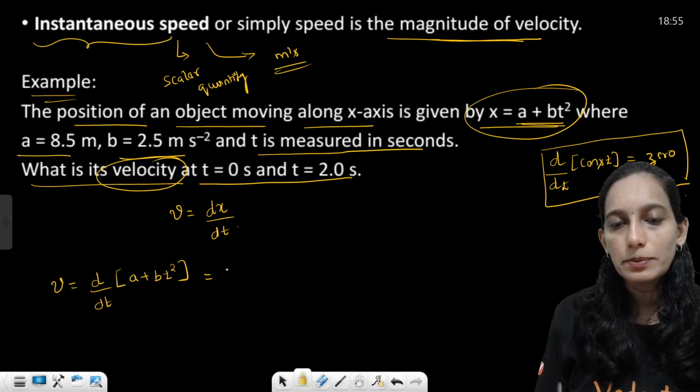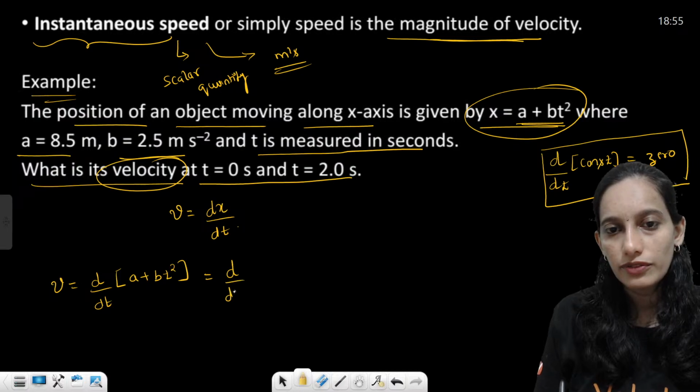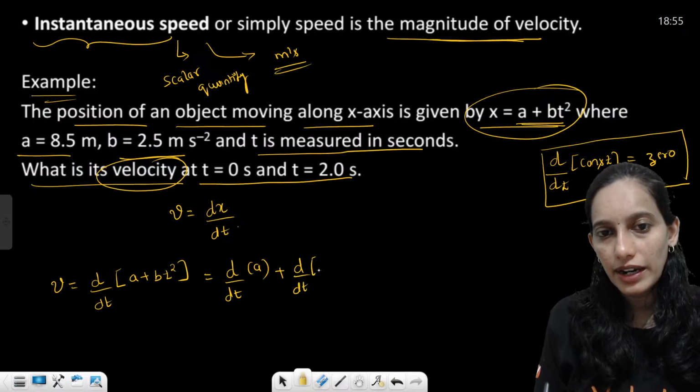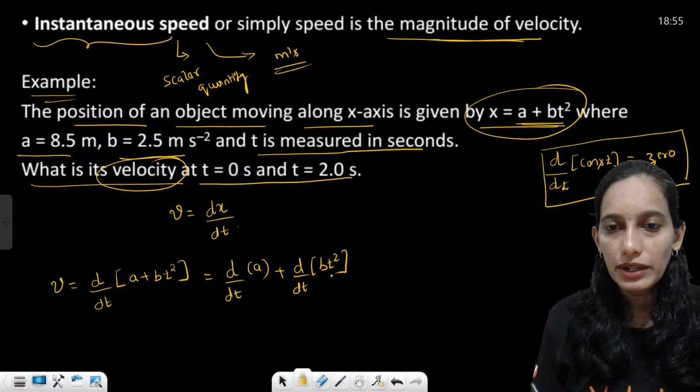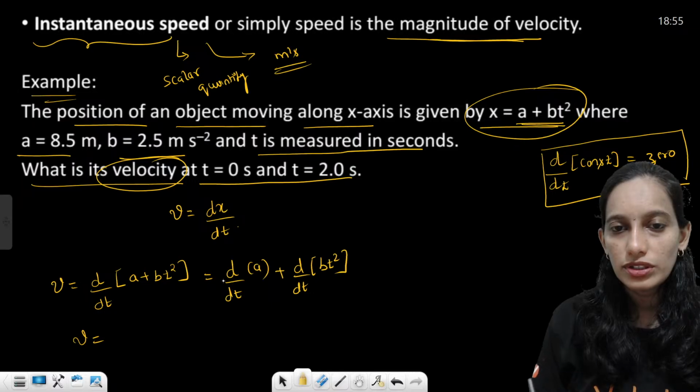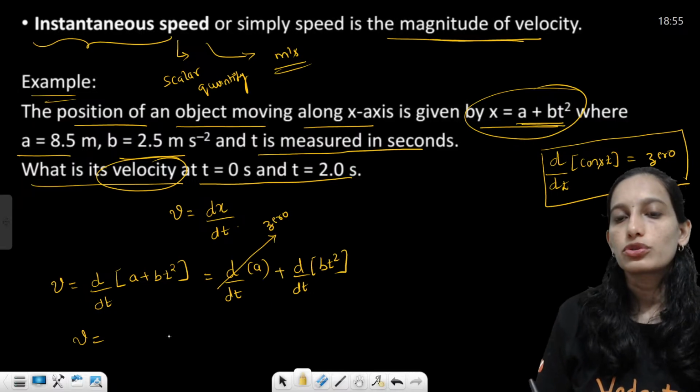Let us split and write this. Since we are doing it for the first time, I am writing each and every step. dA by dt plus d by dt of the second term, b into t square. Since this is the differentiation of a constant, this term goes to 0.